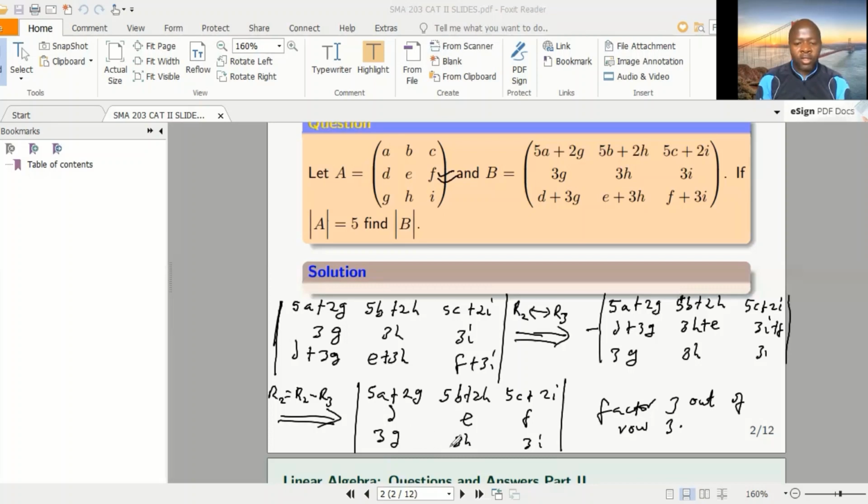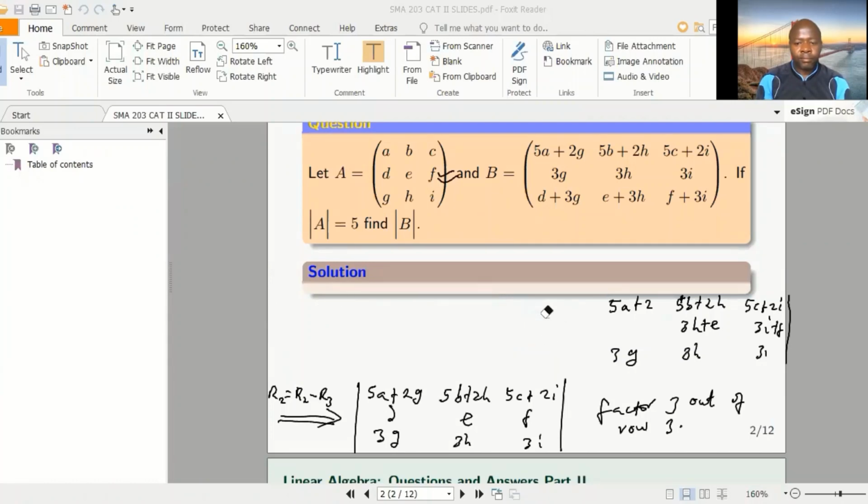Let's say I have 3G, 3H, 3I. So let me factor out. Let me just create some space here. And so what we know is that if you have a matrix and you multiply that matrix by some constant, the determinant of the new matrix will be multiplied by that constant.